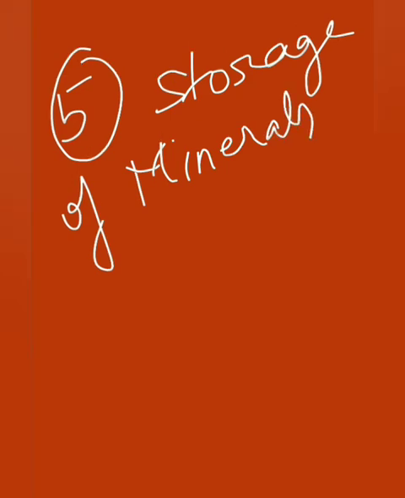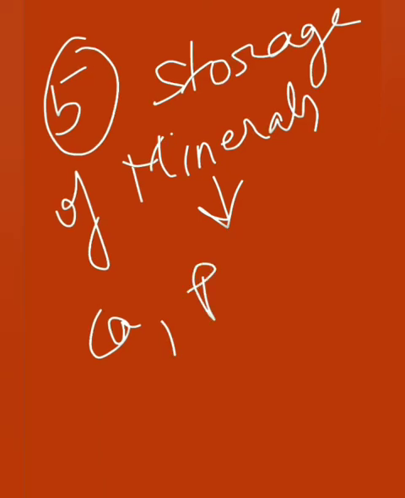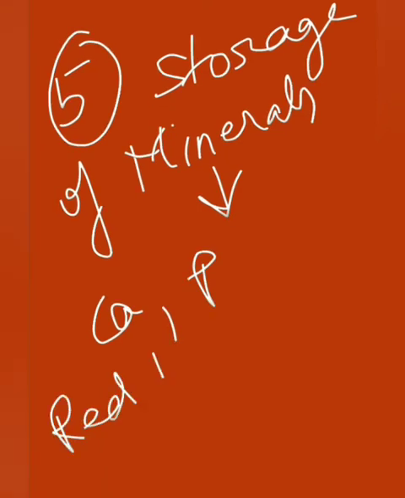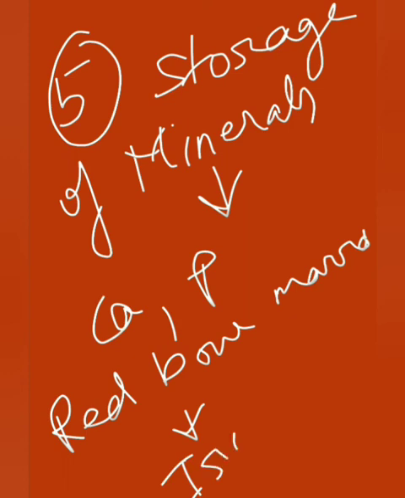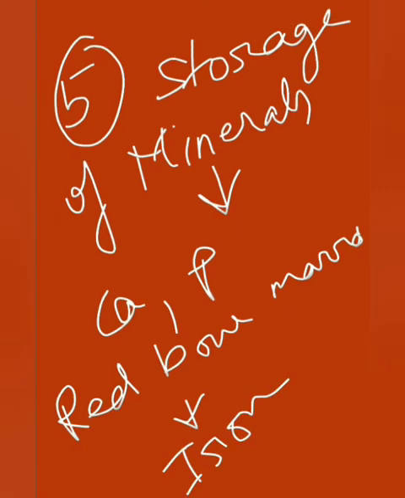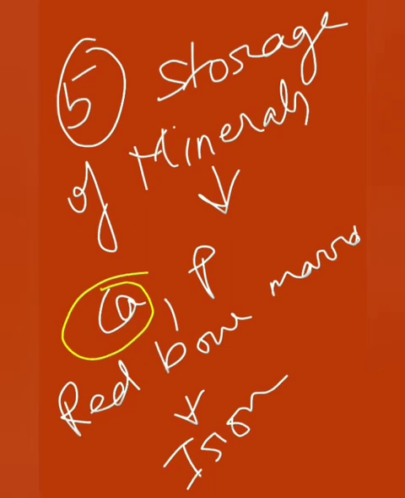Another important function is storage of minerals. So the bone tissue store various minerals such as calcium and phosphorus. Even the red bone marrow store iron. Suppose if there is a lack of calcium in the body itself takes calcium from the bone. And the bone releases minerals into the blood. In this way, bone help in making the balance of minerals in the body.